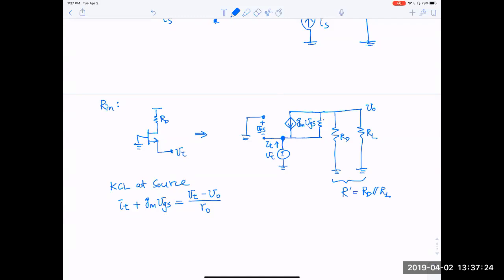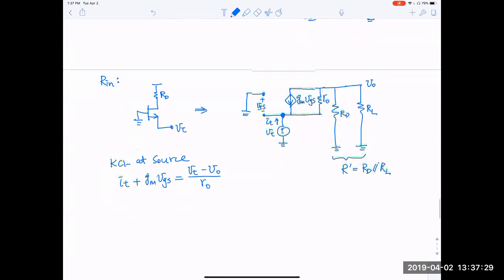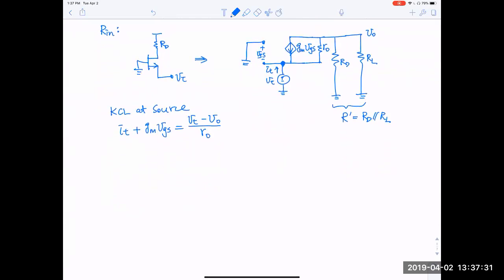This is R0 here. Next, we relate all the items that are related to VGS. VGS is equal to 0 minus the source voltage VT, so it's simply minus VT.